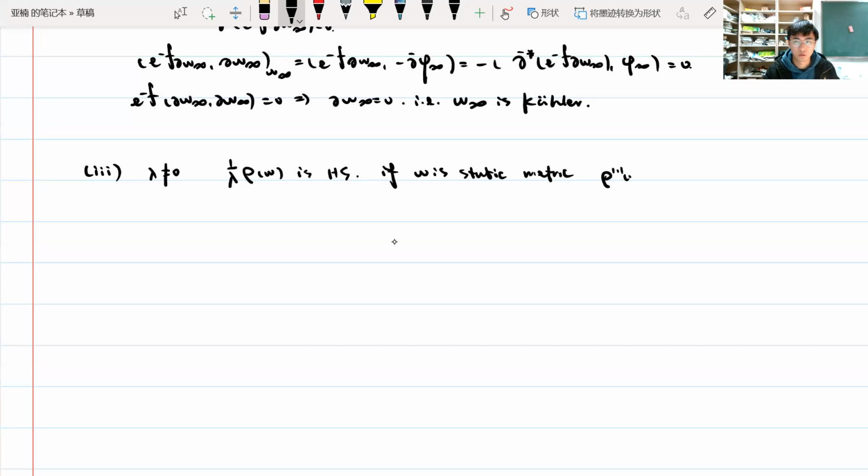For a static metric, for example, the solution to the Fourier closed flow is 1 minus lambda t. Similarly, the solution to the 2,0 form is also like that.